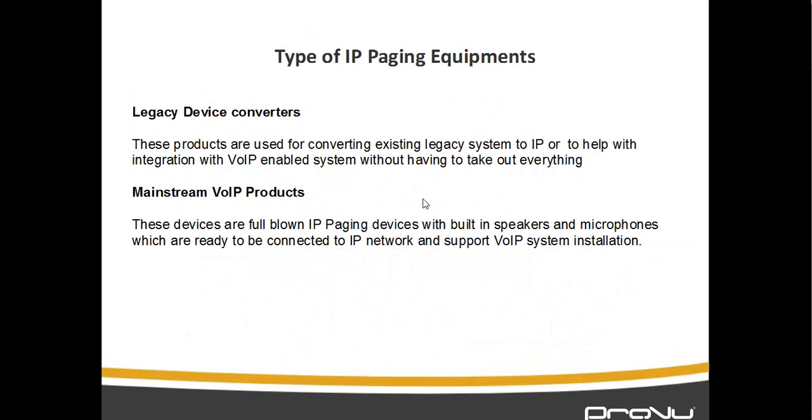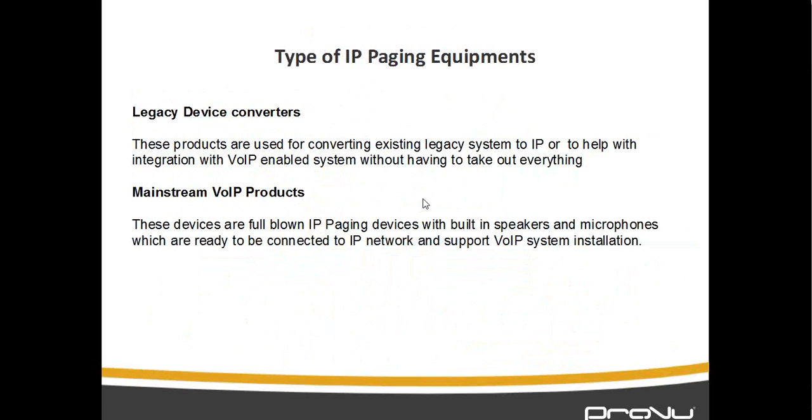With proper converters, the converter actually becomes the main controller for the amplifier, so you control the whole system from the device, whereas with the ATA you're purely converting one part of the amplifier. So there are pros and cons of ATAs versus proper IP paging converters.